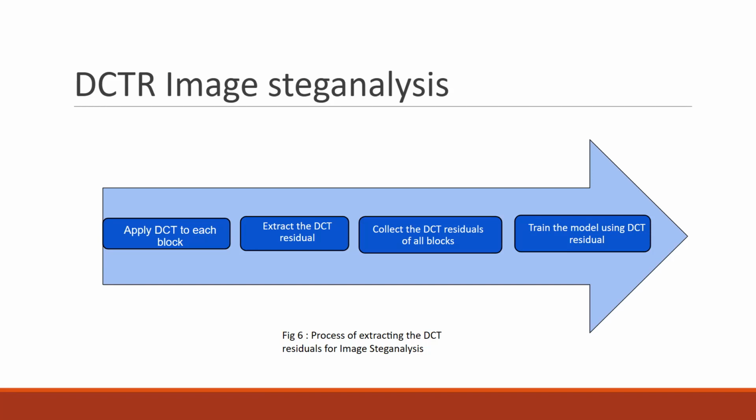The third step is to collect the DCT residuals of all blocks in the image to form a feature vector for the image. The fourth step is to train a model using DCT residual feature vectors of both cover and stego images to distinguish between them. To classify a new image, extract its DCT residual feature vector using the same process as for the training data, and use the trained model to classify the image as cover or stego.